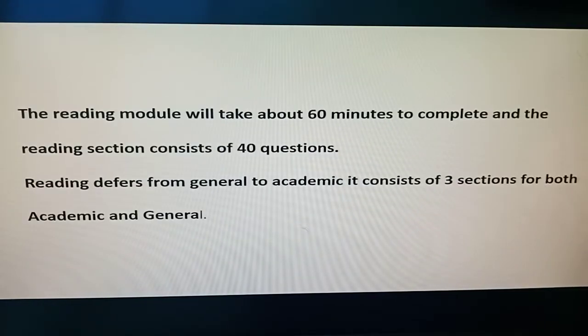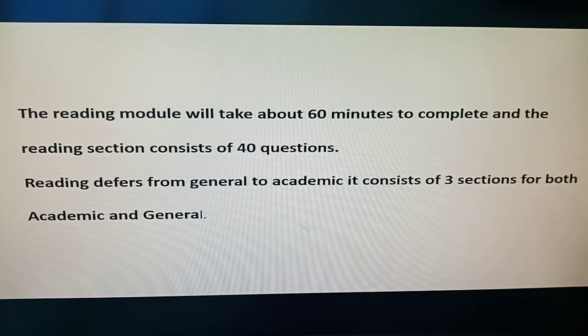Then the reading skill for IELTS. First of all, the reading module will take about 60 minutes to complete, and the reading section consists of 40 questions.